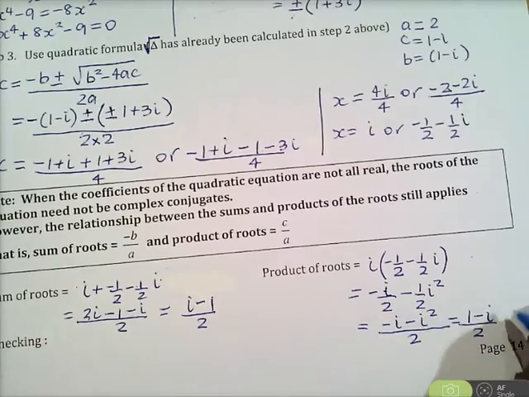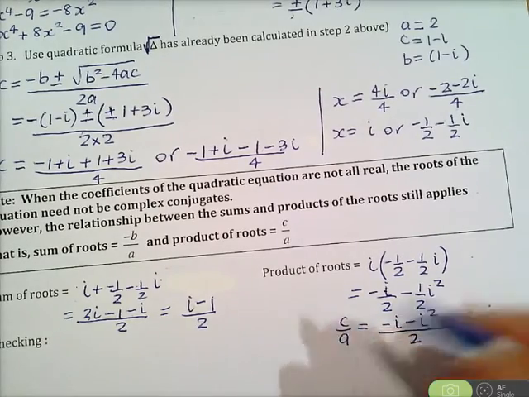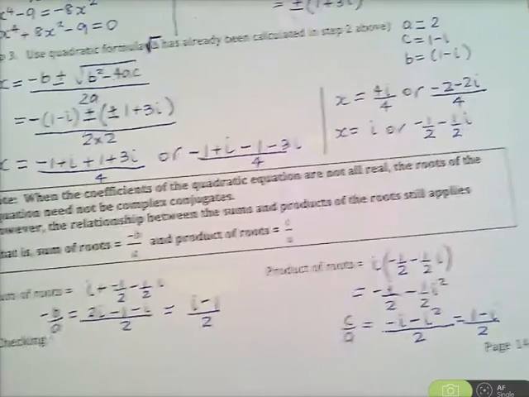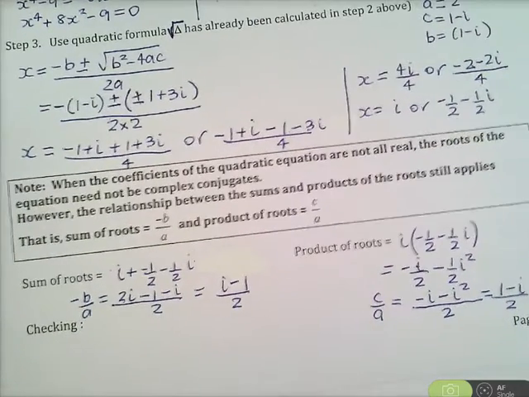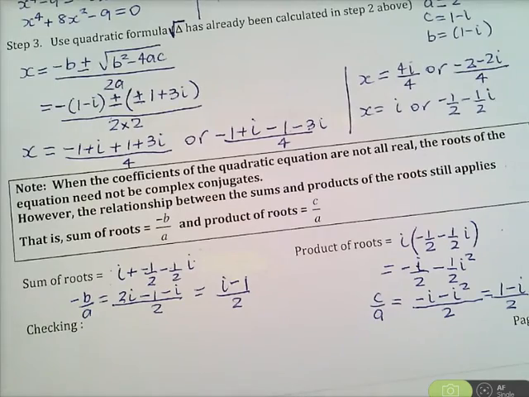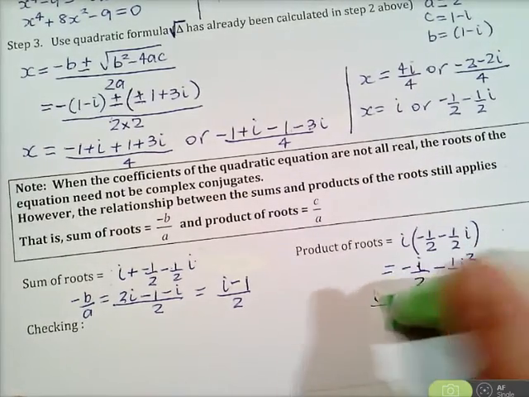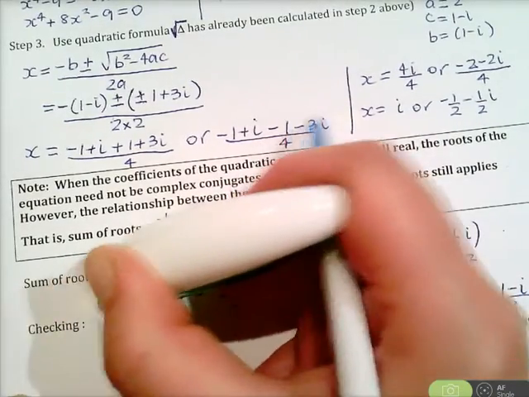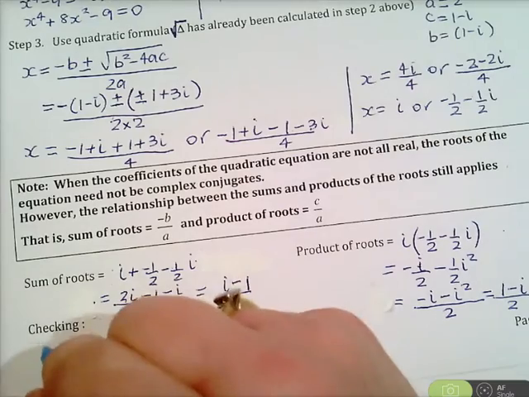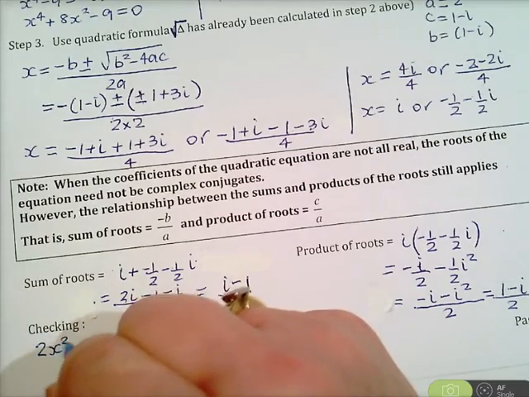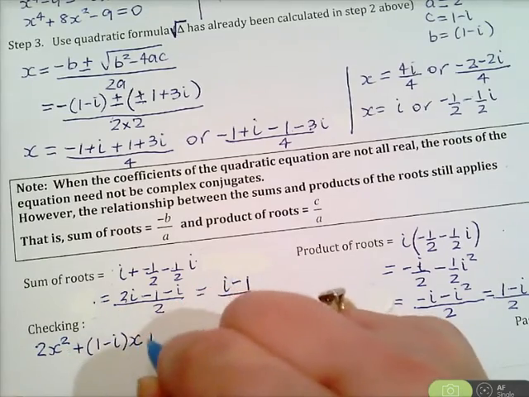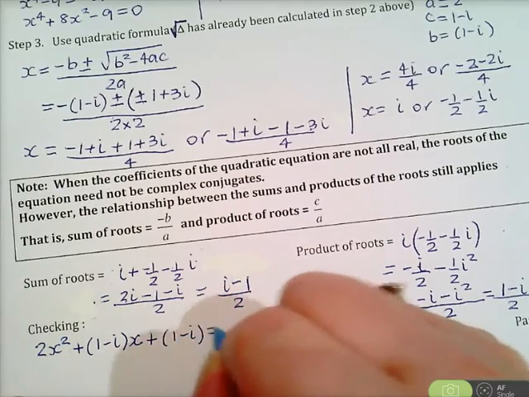Now, we know that product of roots is c on a, and we know that sum of roots is minus b on a. Now, we know that for any quadratic equation, I can just go straight to the quadratic. So let me just write out what the equation was, because it's at the top of the page. The equation was this: 2x squared plus (1 minus i)x plus 1 minus i equals 0.